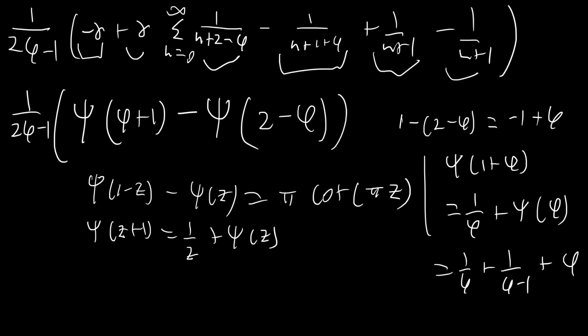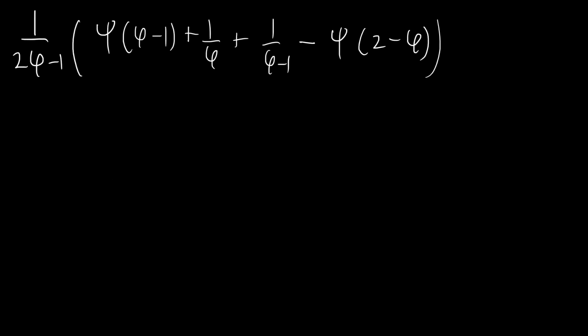So let's go ahead and make some more space. So after I just went ahead and expanded those two, the only thing that's left to do is we can go ahead and combine this fraction right here. We're going to end up with phi minus 1 and with 2 phi minus 1 over phi squared minus phi.